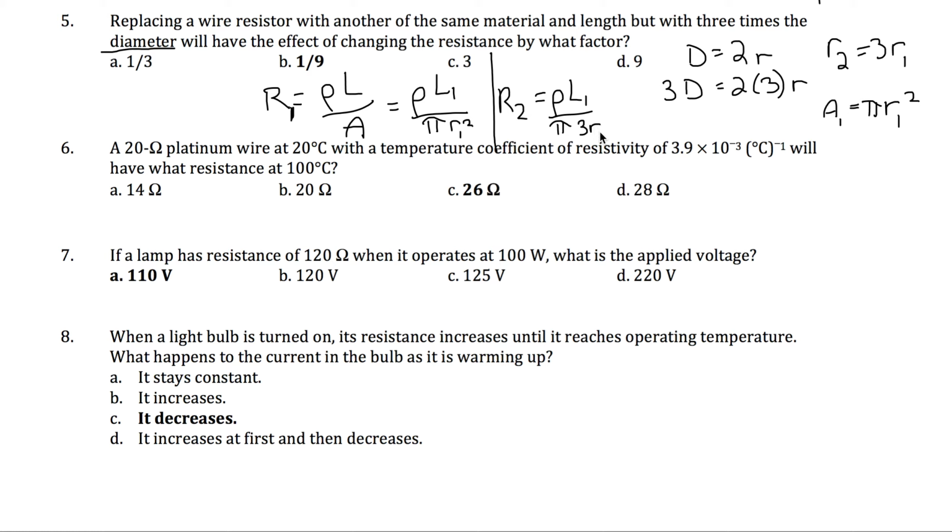3 times R1 squared. And what you'll notice here is that you have 3 squared, and that's going to mean that you're going to have a factor of 9 in the denominator. You're going to have rho times L1 divided by 9 times pi R1 squared.